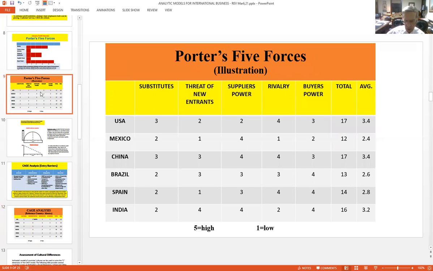So back here in Porter's Five Forces for Mexico, the threat of new entrants, must be talking about another industry here. The threat of new entrants would be low, and therefore the likelihood of new entrants coming into the industry would be very high.